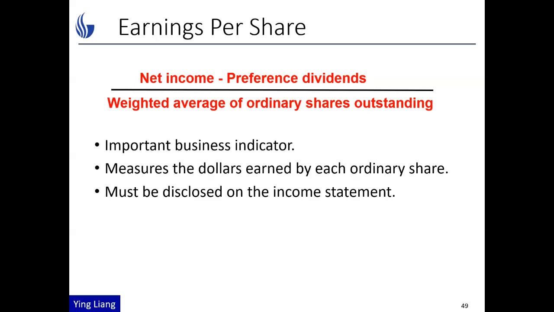I have said that this is a very important business indicator. As you see, every public company's annual report includes earnings per share right underneath the net income. You see how important it is. In fact, it's mandated by GAAP that you have to disclose it in the income statement.